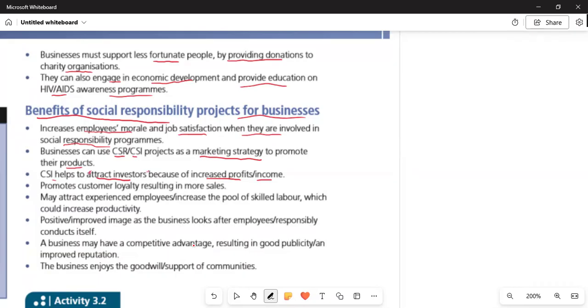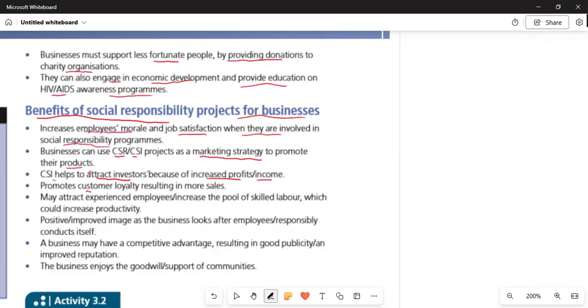Bringing up those projects makes the community loyal to that organization. They're going to have a good relationship with that organization. They're going to make repeat purchases, and that will increase the profits of the business. And the profits being increased also attract the investors.